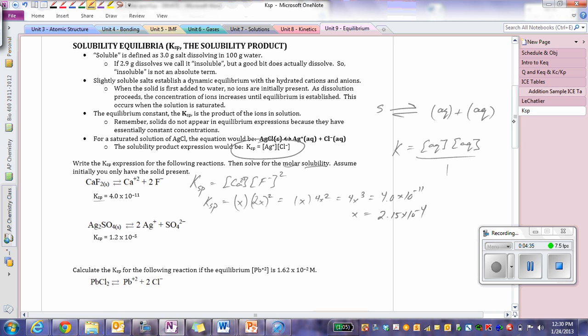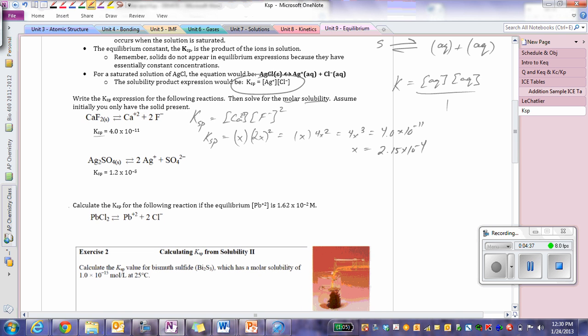For example, this would be the other type of problem, where you have to solve for the KSP. In this case, KSP is equal to the concentration of lead 2 plus times the concentration of chloride squared. Remember our change for this reaction is plus x and plus 2x.